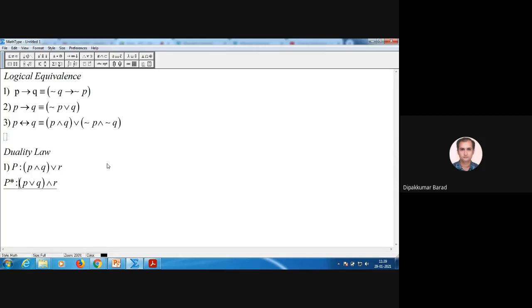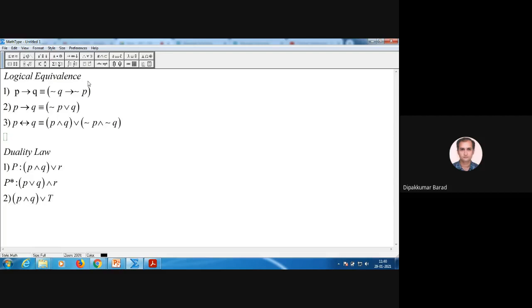One another example I give you for duality. As I have said, if you have some statement like P and Q or T. Here you have a special variable T, which represents, as we know, the true value.